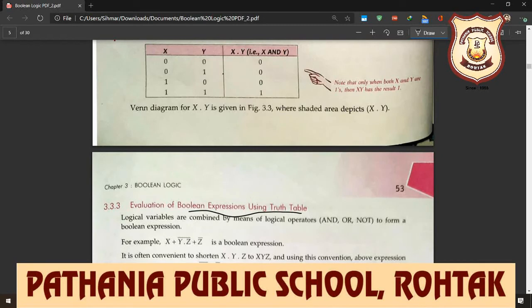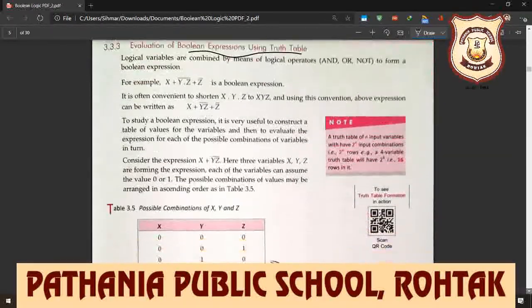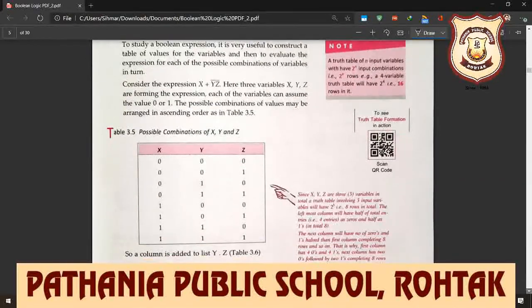In this, we have learned how to solve expressions with the help of a truth table, and we have already learned what we mean by the truth table. A truth table means all the possible combinations of your values. For example, this is a three-variable truth table here.